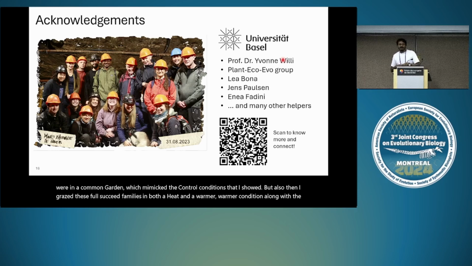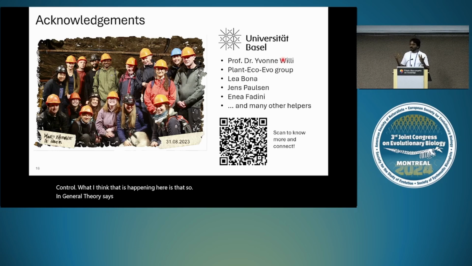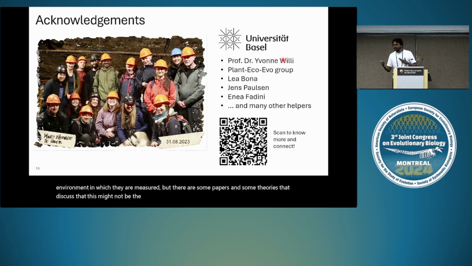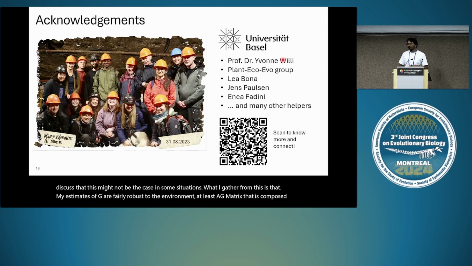What I think is happening here is that, in general, theory says that G matrices or covariance structures should be robust to the environment in which they are measured, but there are some papers and some theories that discuss that this might not be the case in some situations. What I gather from this is that my estimates of G are fairly robust to the environment, at least a G matrix that is composed of these traits, and yeah, that's about it.